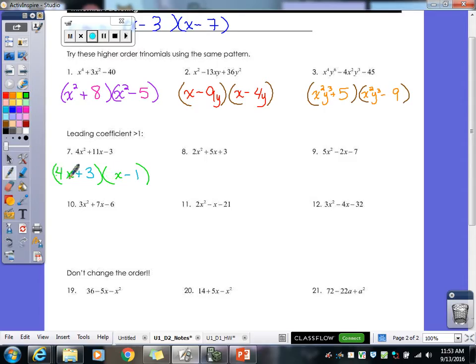So I'm going to try 4x and 1x. So now for a little smile, I have a 3x. And then my big smile is a negative 4x. Again, that doesn't get me there, so maybe I need to switch my 3 and my 1.